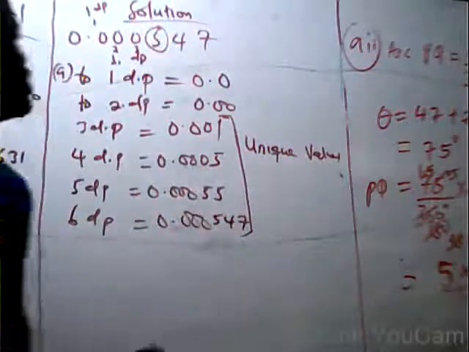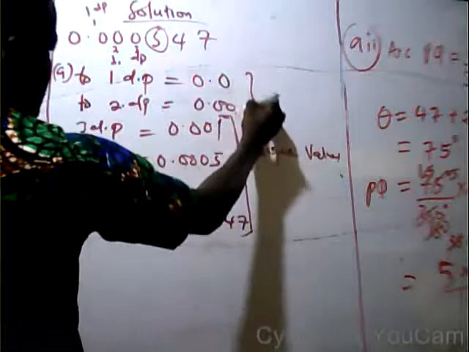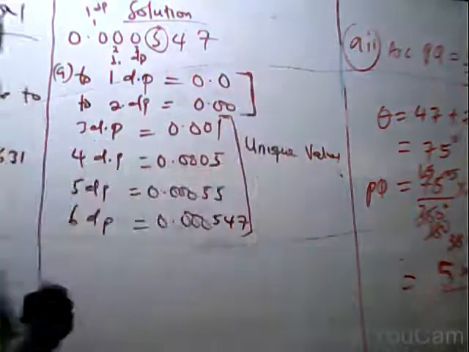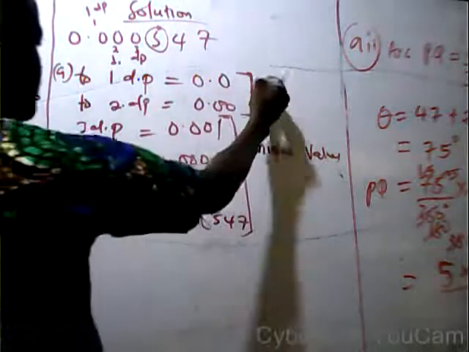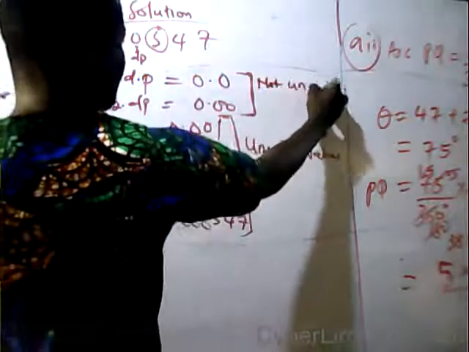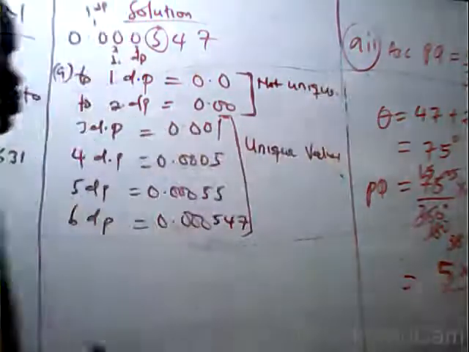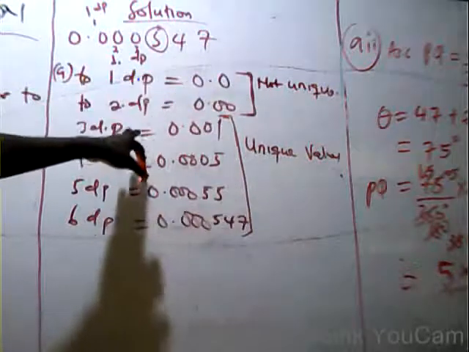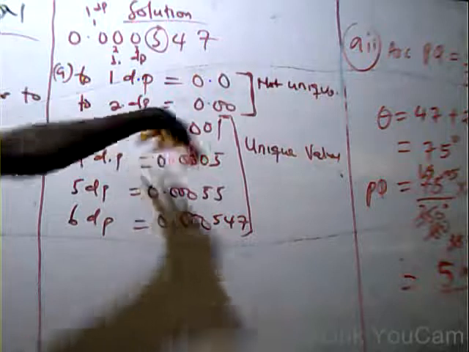So this one is the non-unique. See now, all these, these two, they are just meaningless. Starting from this one, they are the one that is meaningful.